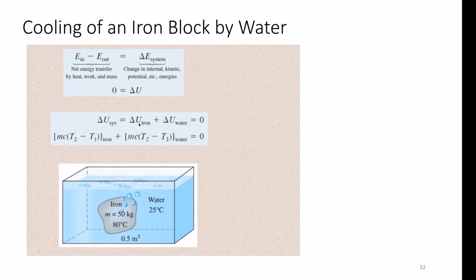So we have the change in internal energy of the iron plus the change in internal energy of the water, whatever energy is exchanged to the water. That total is going to be equal to 0. So we list out the equation for iron and for water, where this is T1 of iron and this is T1 of water, and we can go through and solve and figure out what the final temperature of the water is going to be. So that's this particular problem, trying to solve for T2.